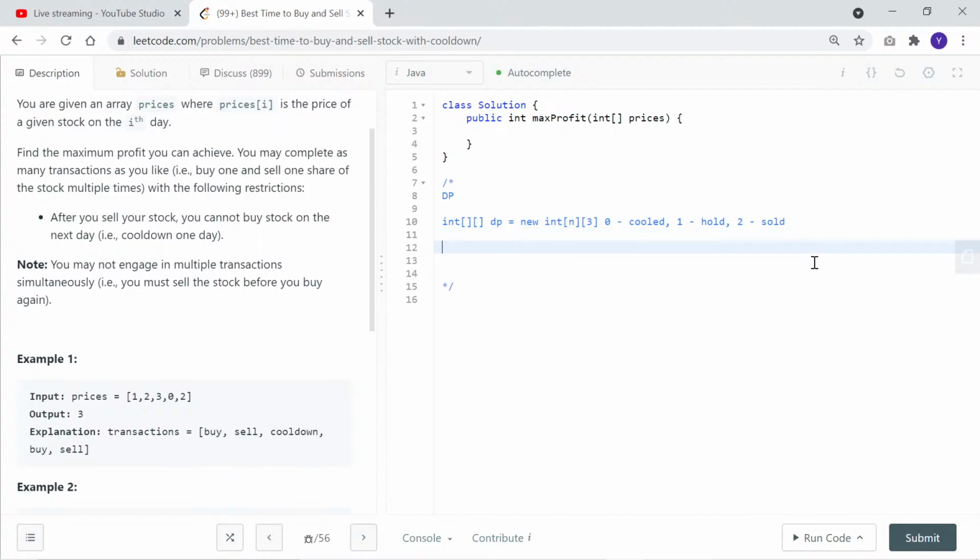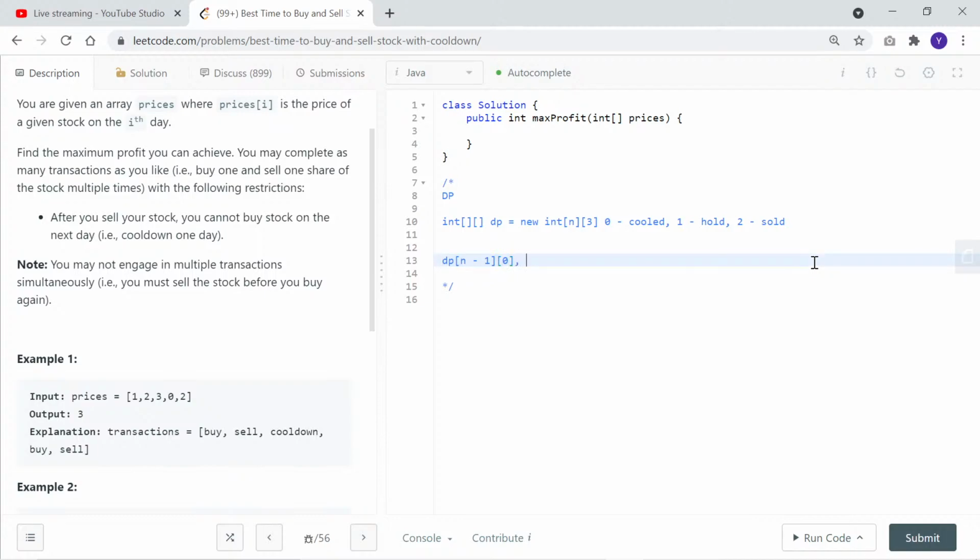So we need to return dp[n-1], and the state is either cooled or sold.